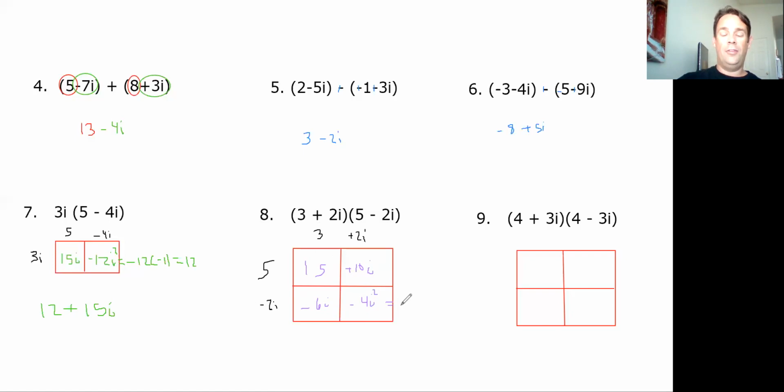Now, if we have an i squared, we said to change that to a negative 1 again. So negative 4 times negative 1 is a positive 4. So 15 plus 4 is 19, plus 4i.